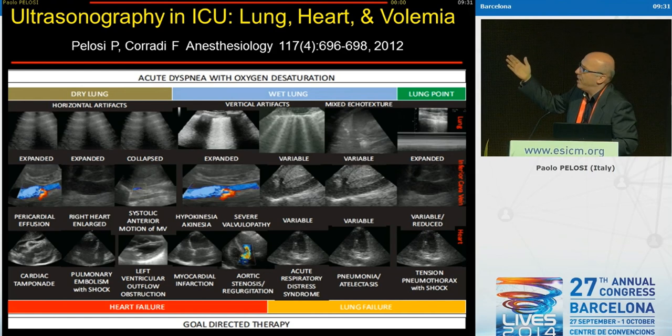We can get information on the volemia by looking, for example, at the vena cava and other parameters, and I showed you that the interpretation of absolute pressures in the vascular system in the presence of increasing intra-abdominal pressure and changes in the pleural pressure can be questionable, so it's better to look at that. And of course the heart, which is the third element in the thorax that we have to look at, because I showed you that changes in the airway pressure can markedly affect hemodynamics in these patients.